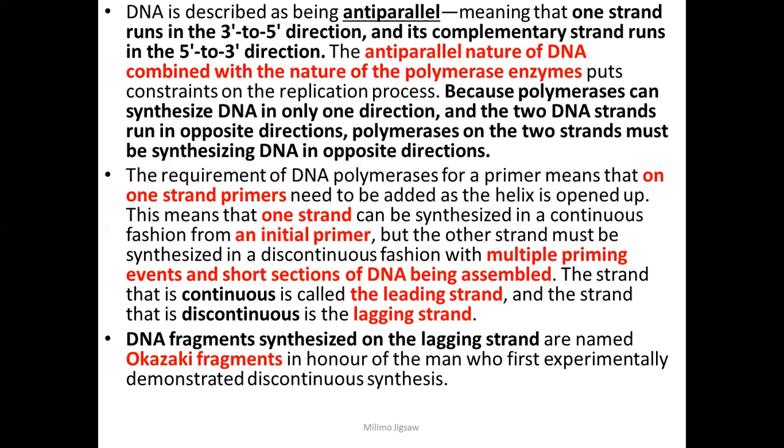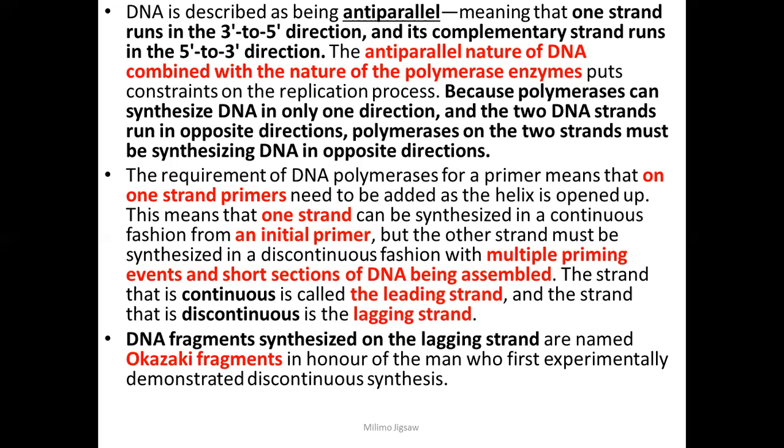The one which requires just one initial primer is what is called the leading strand. This strand is synthesized continuously. Since it only requires one primer, there will be no gaps. However, when we look at the lagging strand, since it needs multiple primers, it is going to be copied discontinuously. There will be gaps between segments. This is what is called the lagging strand.